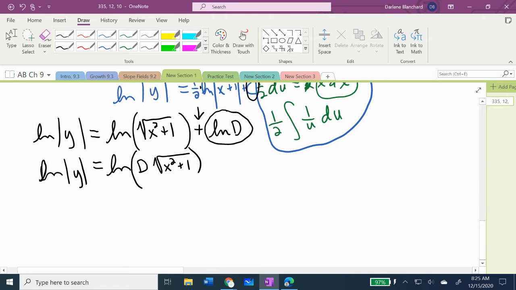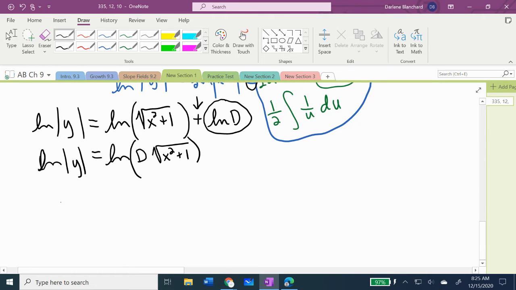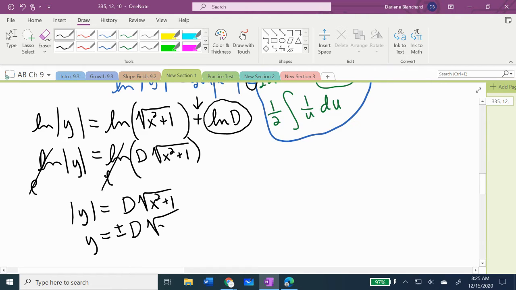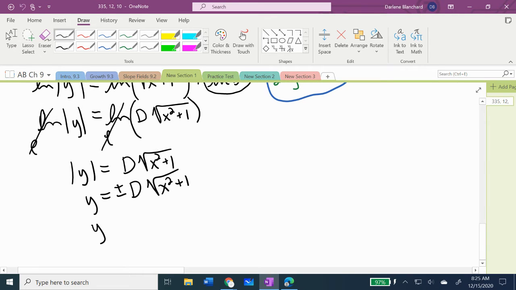Then I can take the absolute value signs off. First undo the logarithm, e to the power, both sides, but I can only do that with condensed logarithms. And absolute value of y comes out. And then I can take off the absolute value, change it to a plus or minus, and I can allow that to be absorbed into this unknown constant.